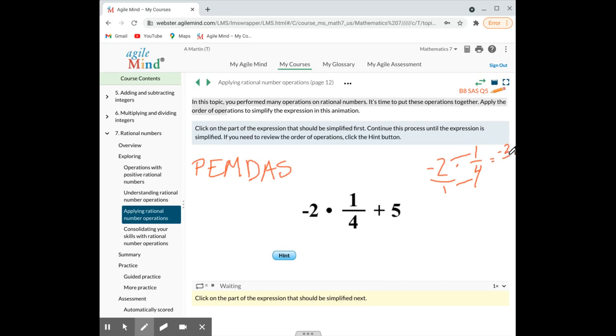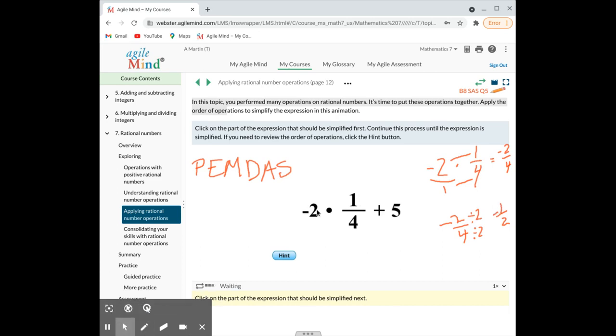And 1 times 4 is? 4. Can I simplify -2/4? Yes. How? Divide them both by 2. And what would I get? Just 1/2. Okay. Would it be positive or negative? It's a negative times a positive, so it'll be negative.